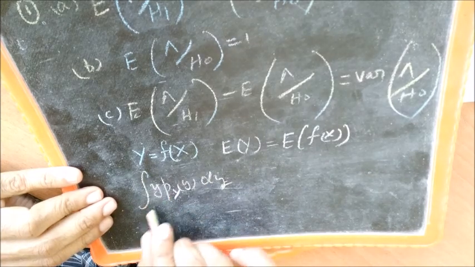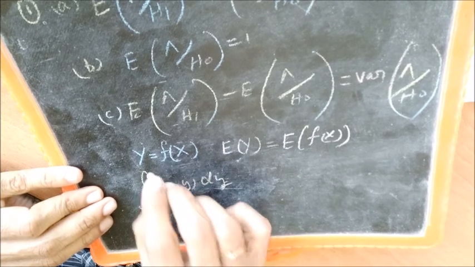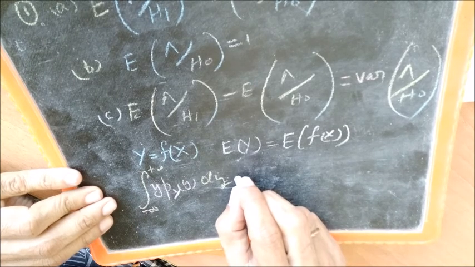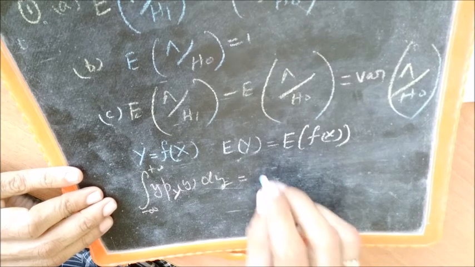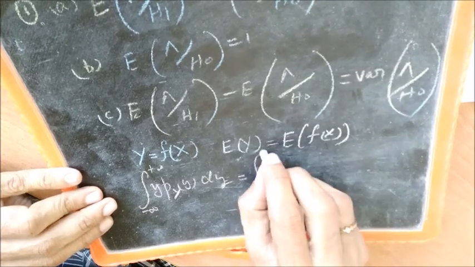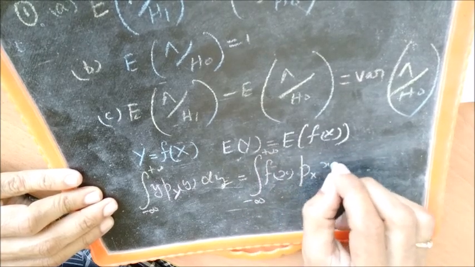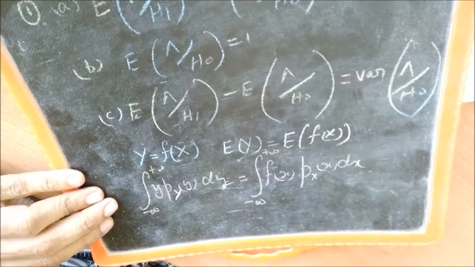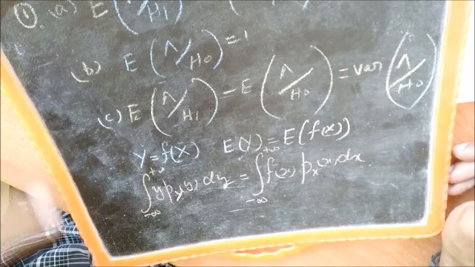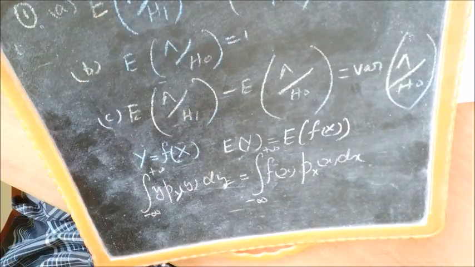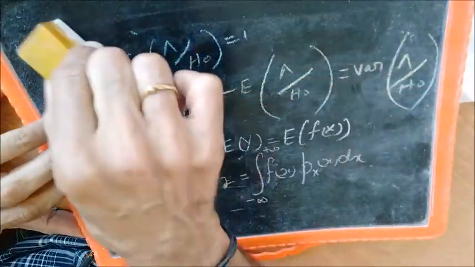That means we can calculate the expected value of y through this relation where the integration is over the entire range. Since the expected value of y is the same as the expected value of f(x), I can write it as this. This information will be handy and make it easier to understand the way we are going to solve bit B first.